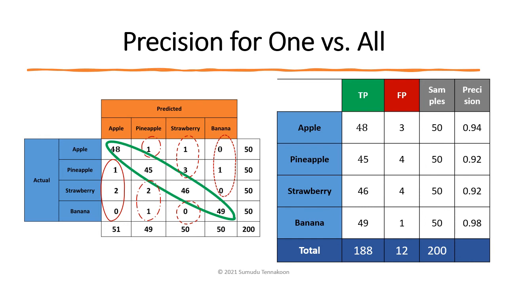Under that classifier definition, for all values in the predicted column apple, other than the true positive value, the rest will be your false positives. So the red circle 1 in the apple predicted column will sum to the count 3, right? Similarly, in the predicted column pineapple, you have 45 as your true positive, right? In the confusion matrix, I mentioned everything on the diagonal is true predictions.